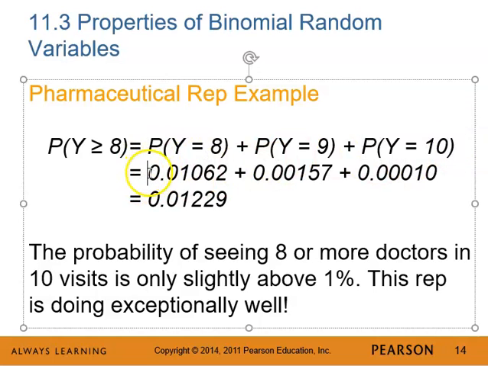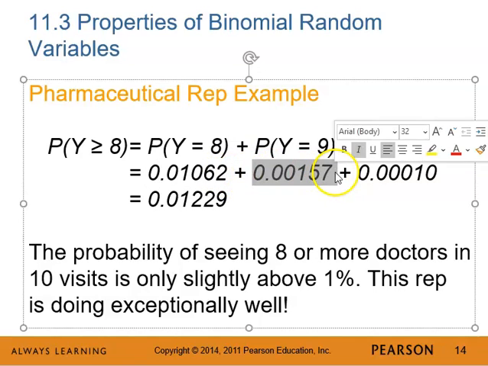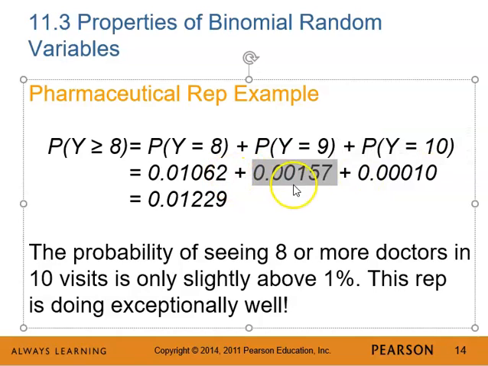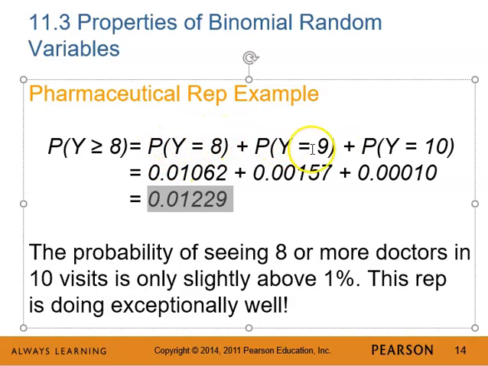For 8, it's going to be what we earlier calculated, 1%. This is 1,000ths. And this is 0.1%. And this is 0.01%. And the sum of them, and of course you can see that the higher the value is going, the lower the probability.